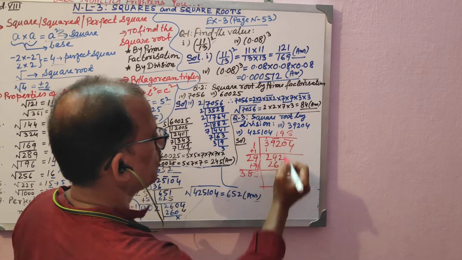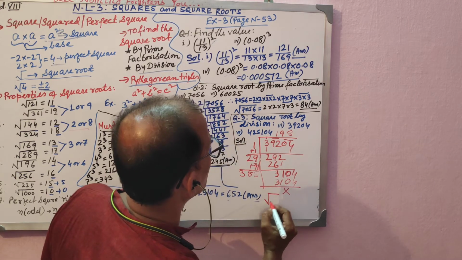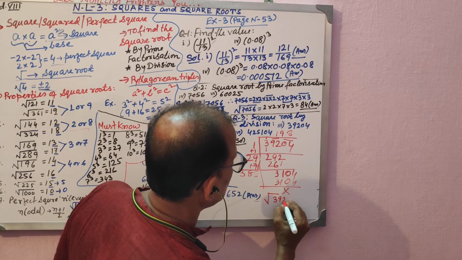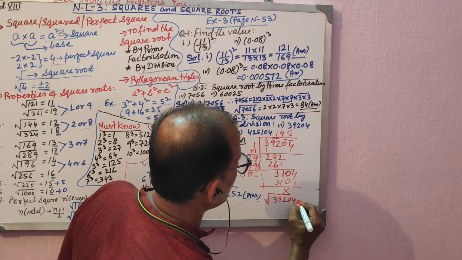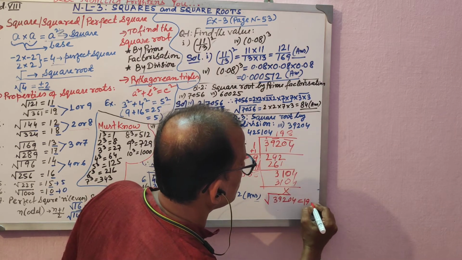No remainder. So perfect. Therefore, the square root of 39204 will be the quotient only, 198.